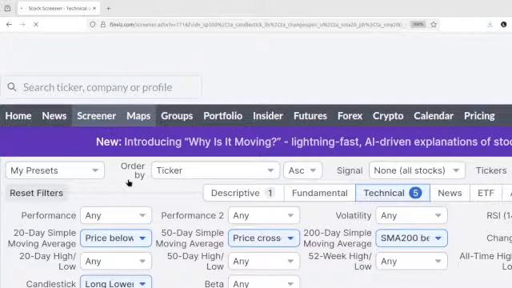Yeah, and the cool thing about Finviz is you can save these screeners. So we're going to save it.